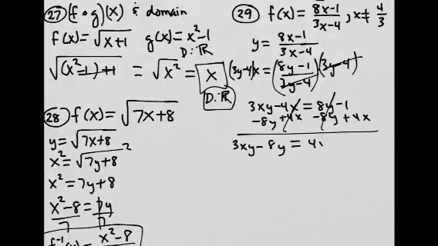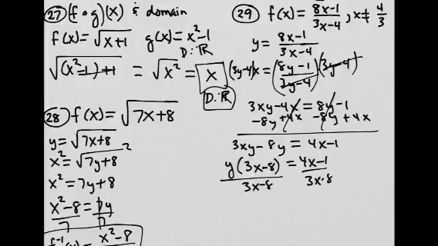So it's 4x minus 1. So I can factor out a y from both terms on the left side. So I have y times 3x minus 8 equals 4x minus 1. Now I can divide by 3x minus 8, and then that cancels with that. So now y is by itself, right? So f inverse of x equals 4x minus 1 over 3x minus 8.